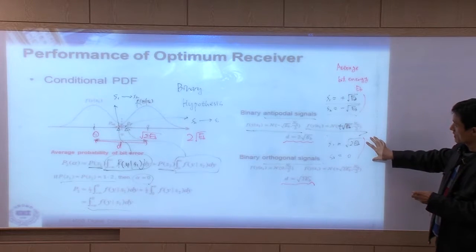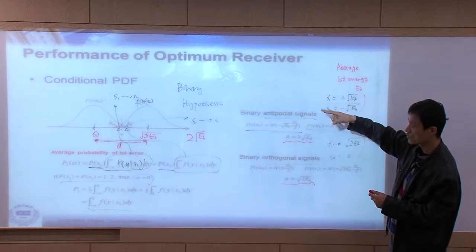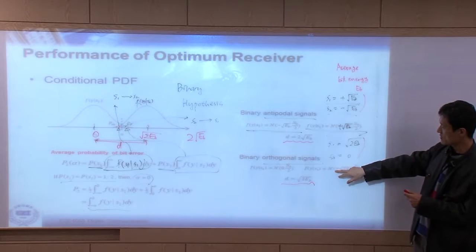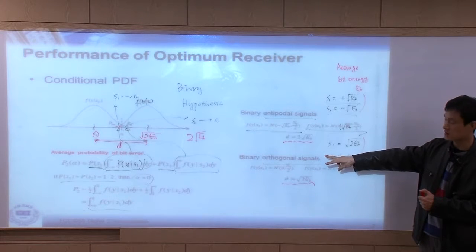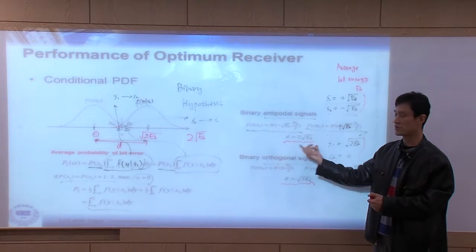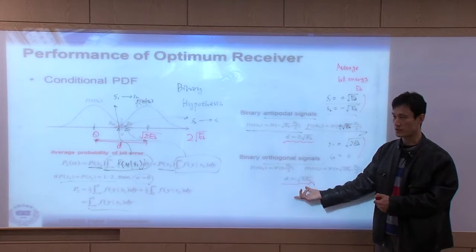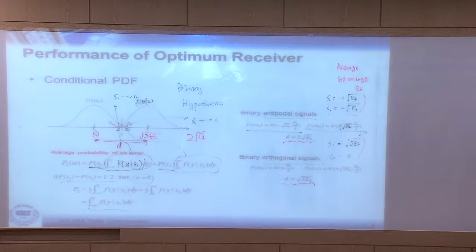So bit energy is same, but in this case, you use positive, negative as a two different symbol. In this case, just a positive and 0 as a symbol signaling. But these two make a big difference because we have a different D. When you have a different D, your BER is going to be different. Okay?